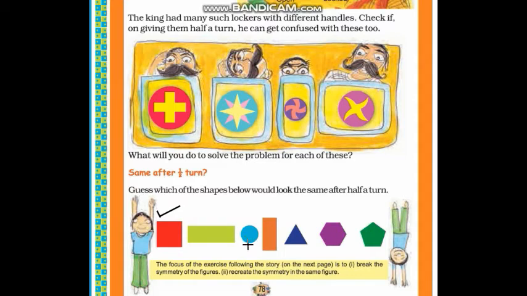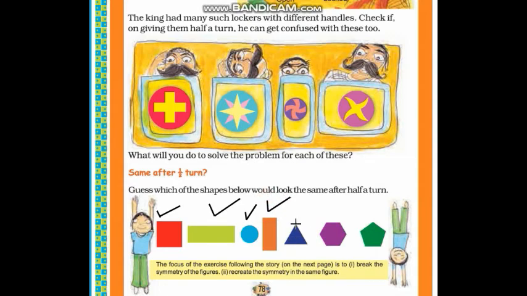Then this rectangle, if we give it a half turn, that means moving here to here, will it look the same? Yes. Circle also will remain the same after giving a half turn.